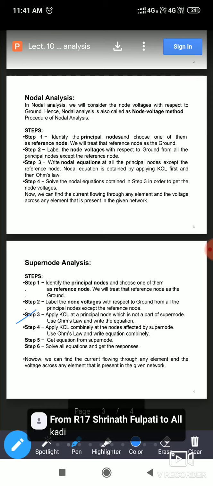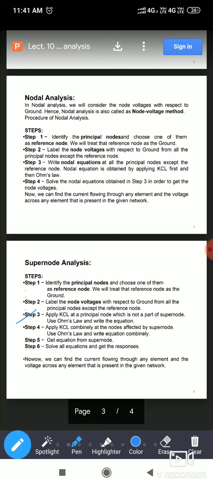Next, step number 6, solve all the equations, then you will get the answer. Do you understand? So these are the 6 steps you have to remember. The first 3 steps are common with nodal analysis. Only step number 4 and 5 are new. The sixth is the same as step number 4 in nodal analysis.